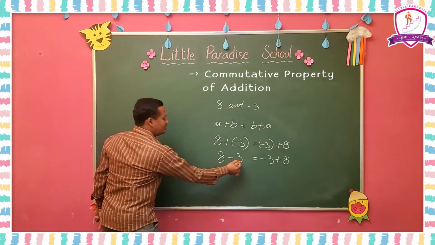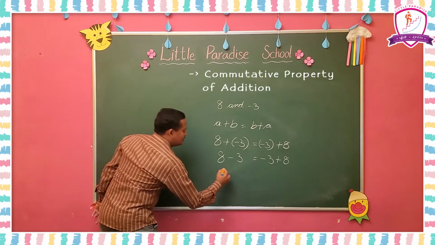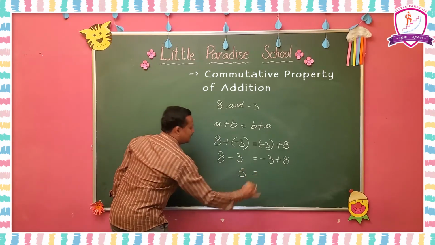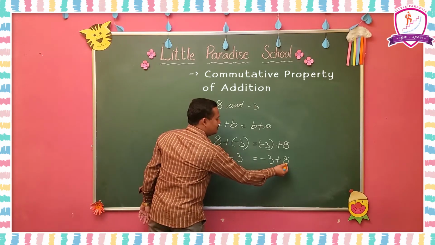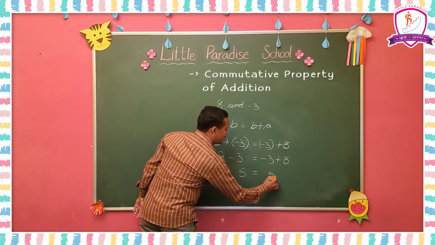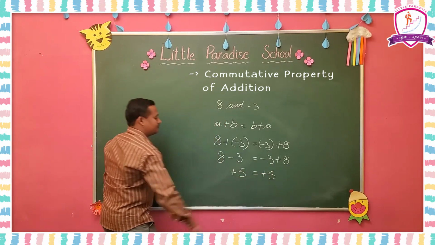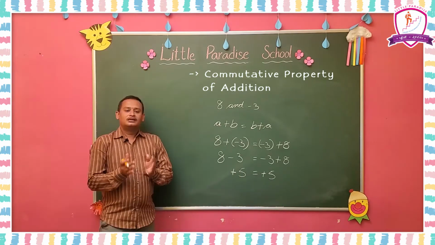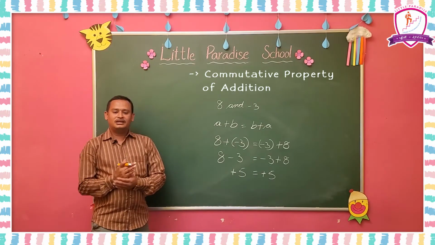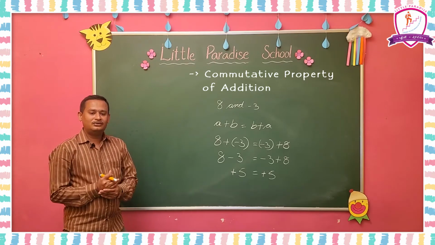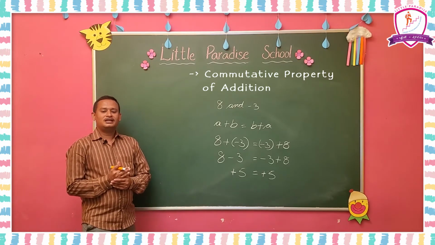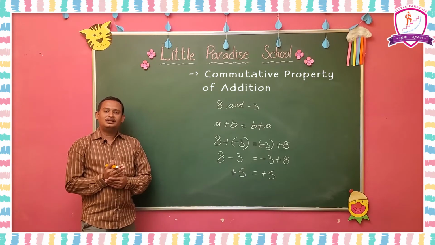Here 8 minus 3 we can subtract, we get 5, and here the difference between 8 and 3 is 5. The bigger number has a plus, so we put plus, here plus 5 is equal to plus 5. So, what we observe here is that addition is commutative for integers. This property is called the commutative property of integers.